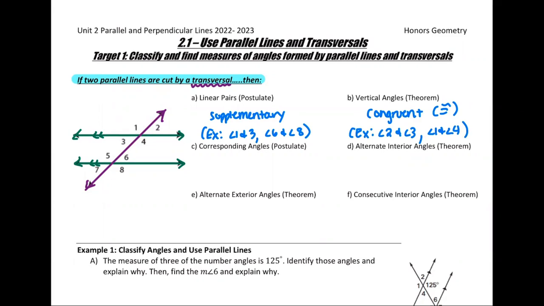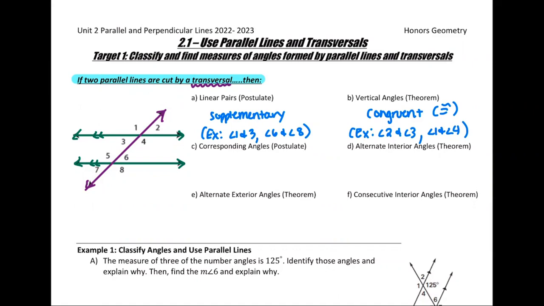So when we have lines like this, some of the new relationships that we're going to look at are the next 4. We have what's called corresponding angles, alternate interior angles, alternate exterior angles, and consecutive interior. Yesterday we looked at what all of these relationships are, but when we actually have parallel lines, they become more significant.